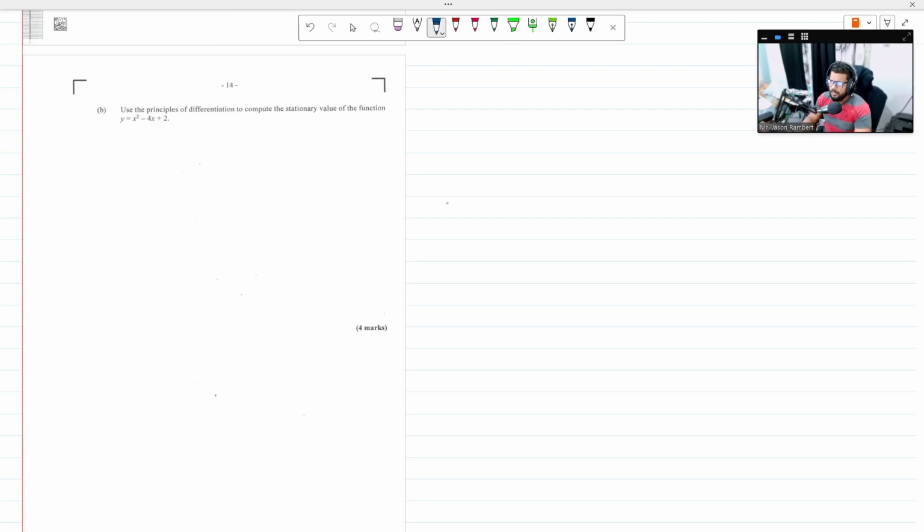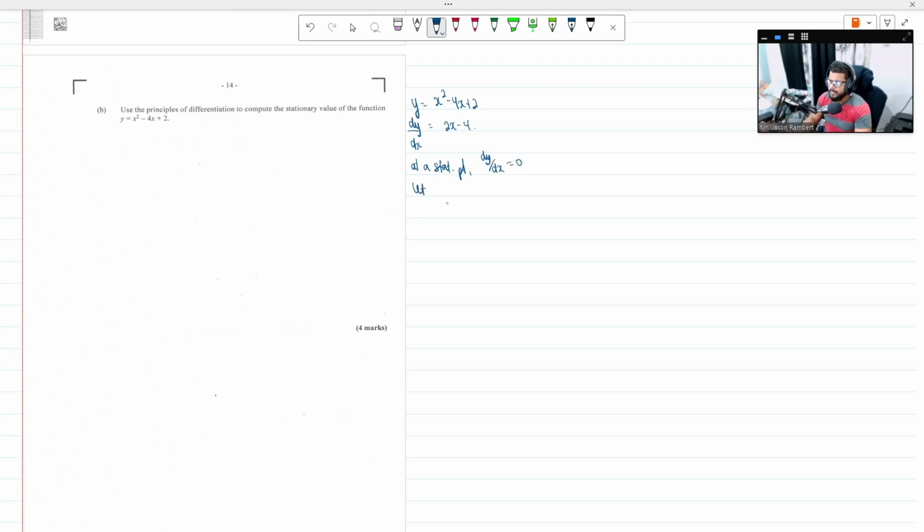So I'm going to say if y is equal to x squared minus 4x plus 2, dy dx is going to be 2x minus 4. So we say at a stationary point, dy dx is equal to 0.